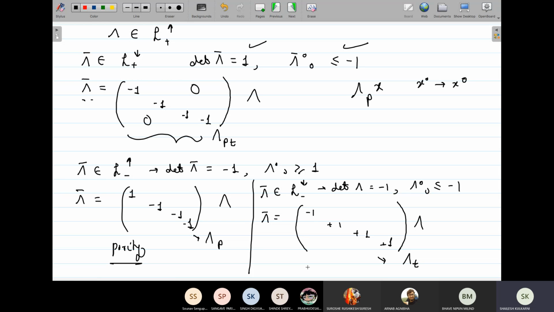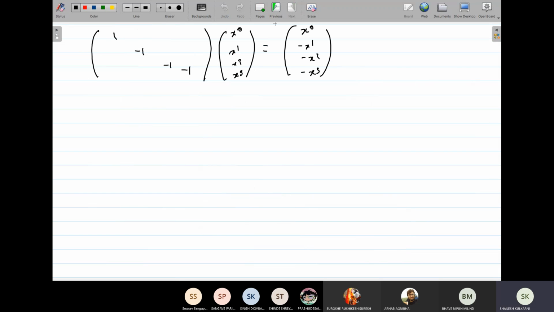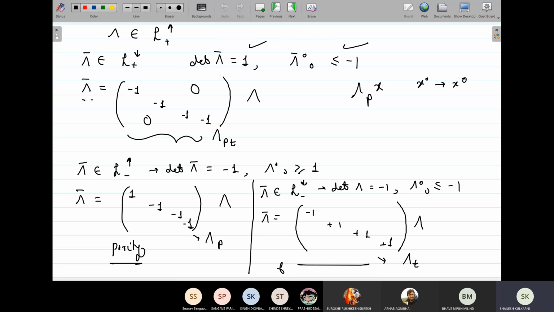Let us concentrate on this. If I act that matrix on this column vector, there is a minus, plus, plus, plus. What it gives me? It gives me minus here and plus, plus, plus. So this changes the sign of time. Okay, so we'll see later that this will be denoted by time reversal.